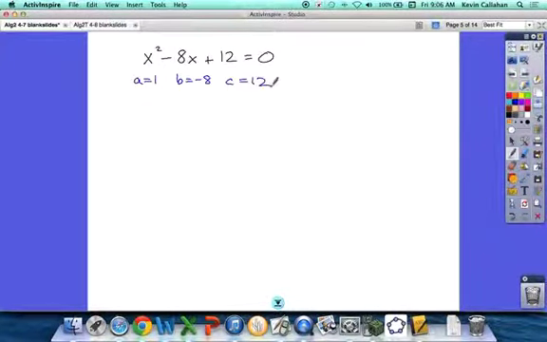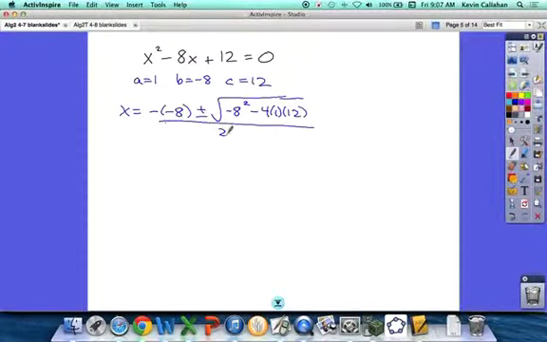All right, then I put in the quadratic formula. x equals -8, right? Because that's -8, but there's a negative in the formula, plus or minus the square root of -8 squared minus 4 times 1 times 12, all over 2 times 1.